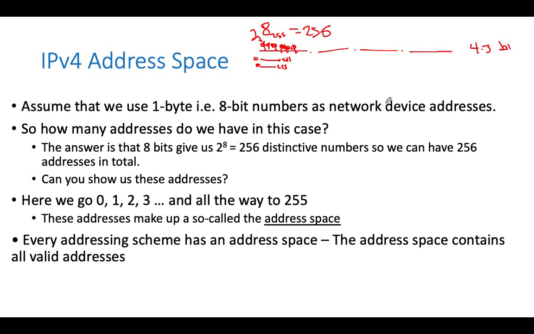So if we start with 0.0.0.0, now I can go 01, 02, 03, 04, 05 like this until it becomes 255. Then I change this one from 0 to 1 and start again from 0 until 255, then 2, from 0 to 255, then 3, like this. Keep going like that.